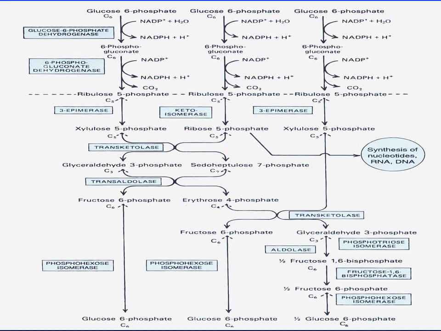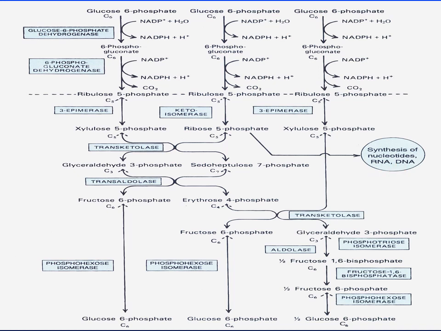But the key thing to note is that we started with 3 molecules of glucose 6-phosphate, and by the time we've finished, we end up with 2.5 molecules of glucose 6-phosphate. And the crucial output from the non-oxidative phase of this pathway is the production of ribose 5-phosphate, which underpins the synthesis of nucleotides like RNA and DNA.